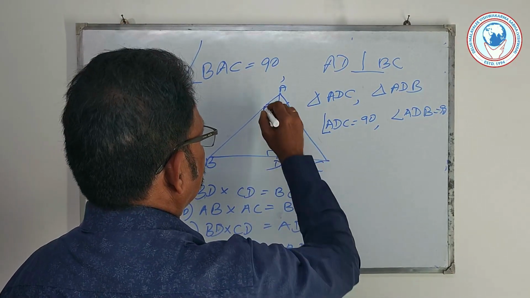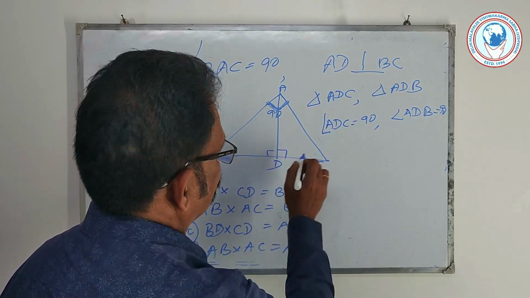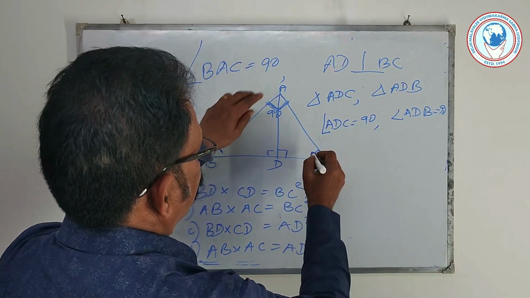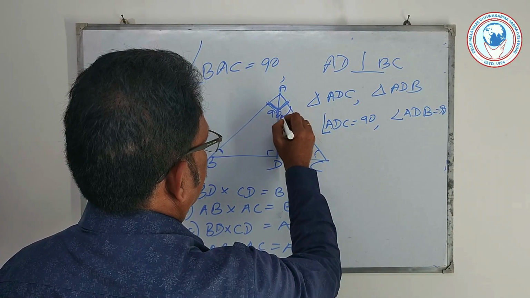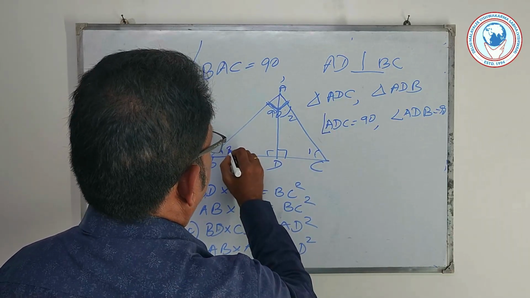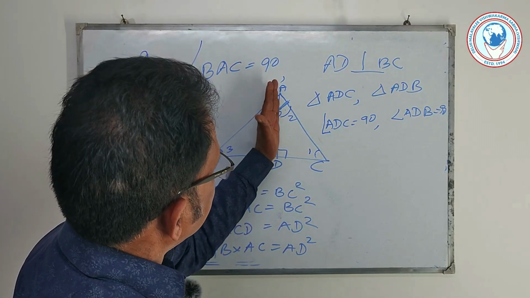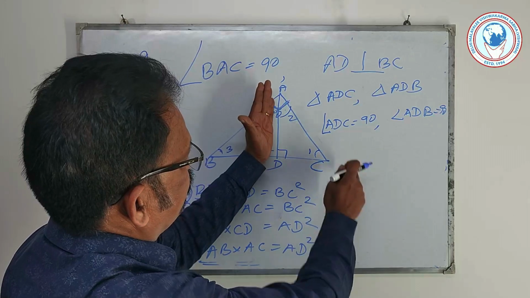Since this angle is totally 90, this plus this is also 90. Also, this is angle 1, this is 2, this is 3, this is 4. In this one, angle 1 plus 2 equal to 90 because this is a right triangle.